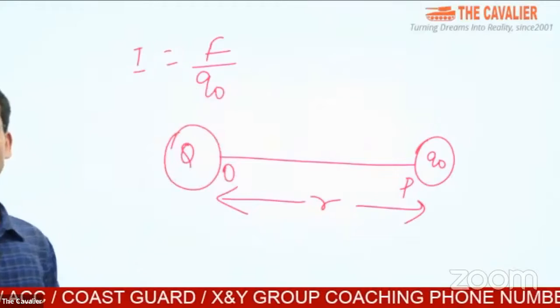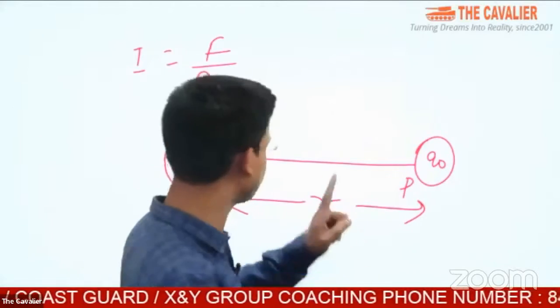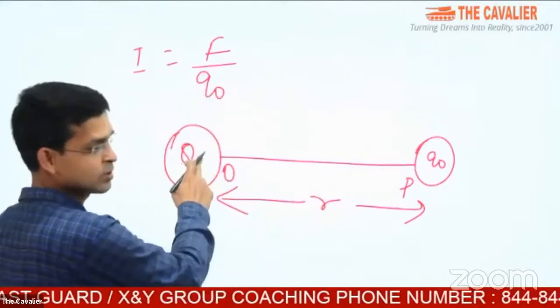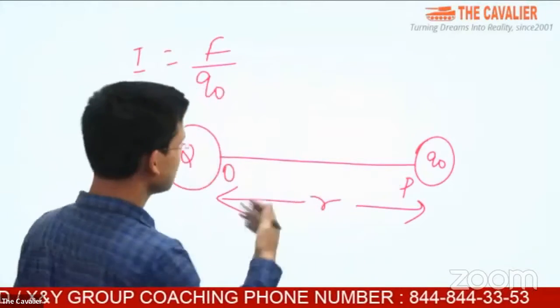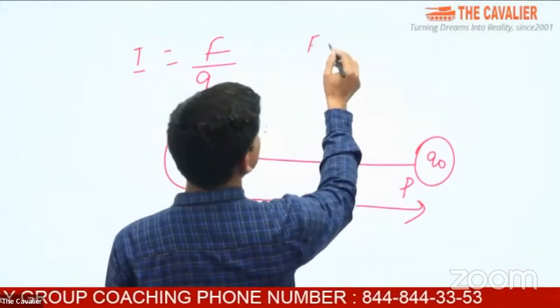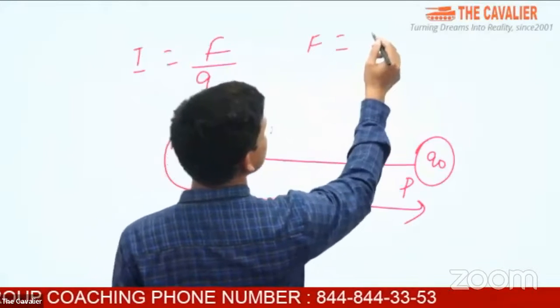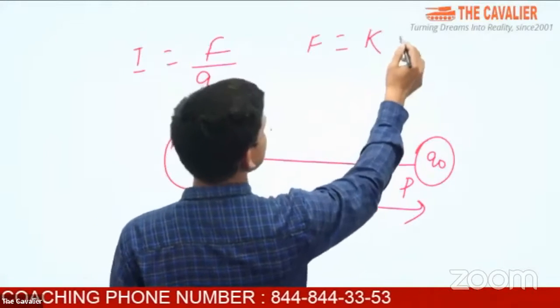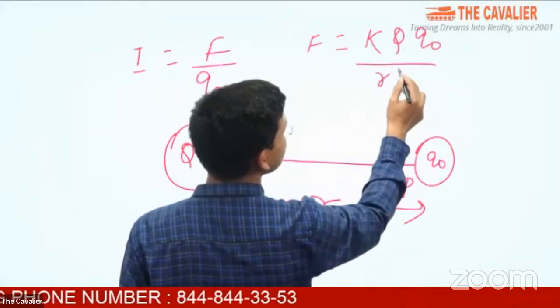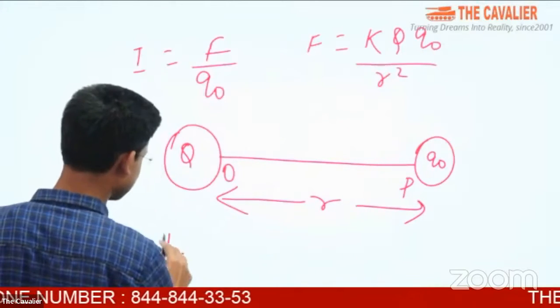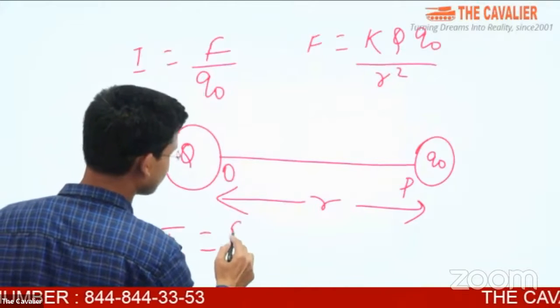I have told you we have to find the intensity at point P due to this charge. This distance OP is equal to R. Now F equals, first of all you have to find, K Q Q naught upon R square, and in this case intensity will be I equal to F upon Q naught.